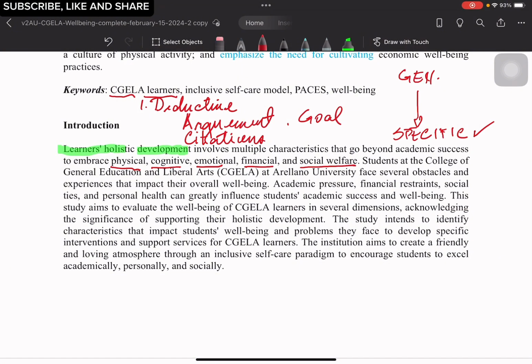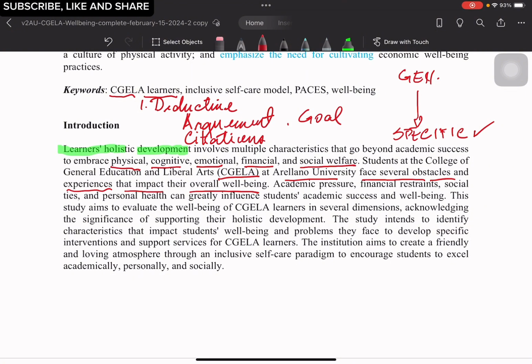The second sentence: students of CGELA of Arellano University face several obstacles. So this is already presenting the context of the study, which takes place in this particular university, and the obstacles that are facing the learners of this university and experiences that impact their overall well-being as students.